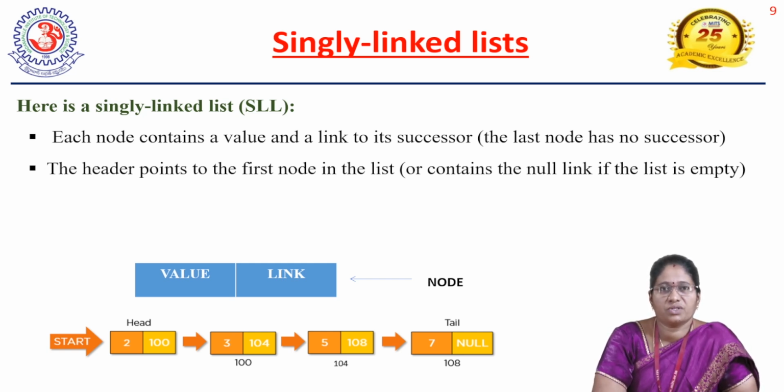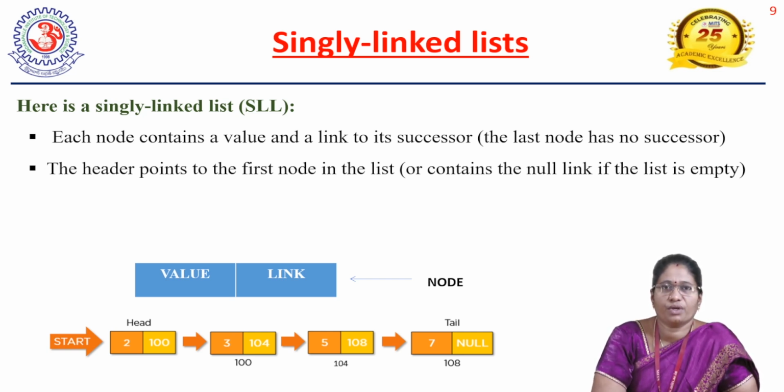The second part is used as the link or reference: it holds the memory location of the second node, and that location address is given in the first node's link field.